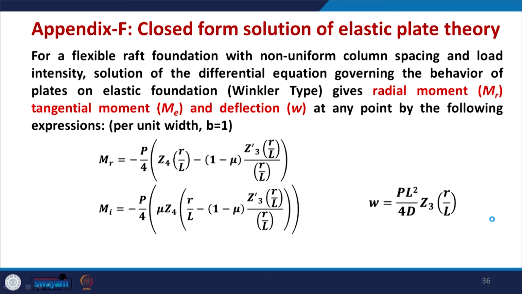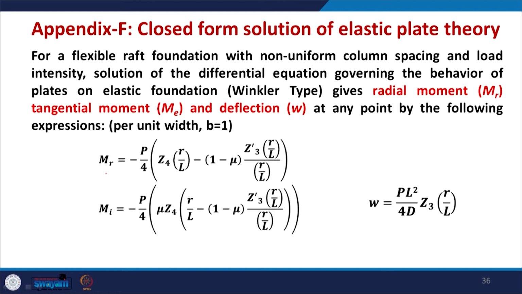Solution of the differential equation governing the behavior of plates on elastic foundation, that is Winkler, gives radial moment Mr and tangential moment Mθ and deflection W. So, the radial moment is given by this relation, where you have these functions Z3 prime and Z4 prime, and these are functions of R by L. What R and L are, we are going to discuss later.